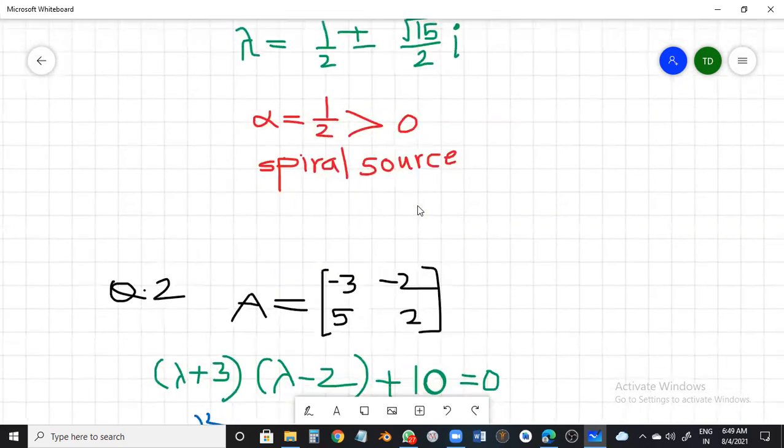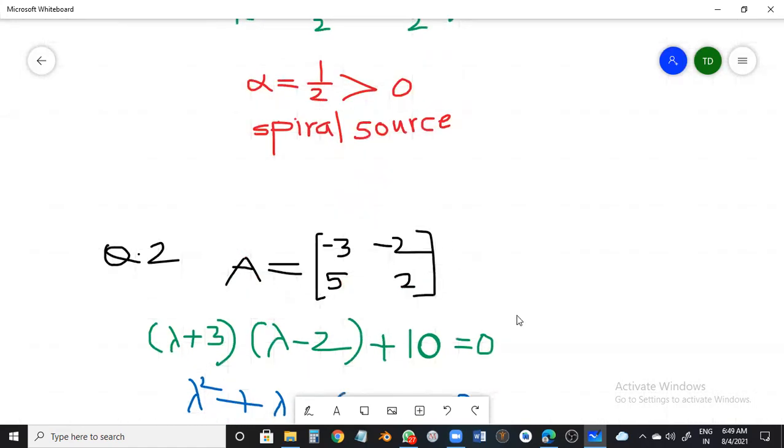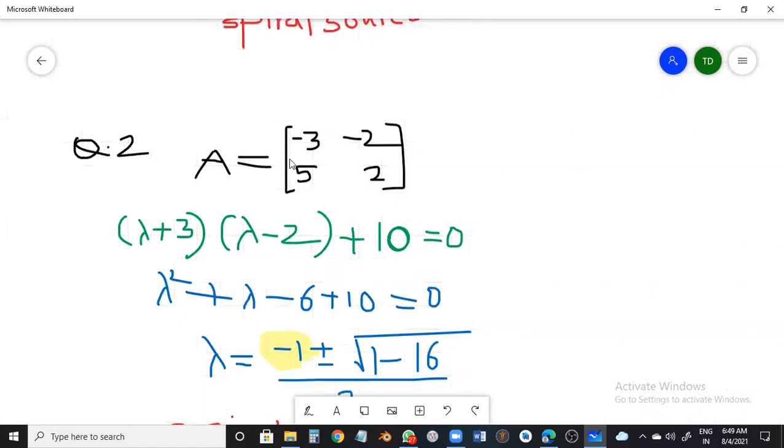In the second question, A is given to be matrix minus 3, minus 2, 5, 2. You wrote the characteristic equation as lambda minus the first entry minus 3. So it becomes lambda plus 3 multiplied by lambda minus the second diagonal entry, that is 2, minus the product of the off diagonal entries.